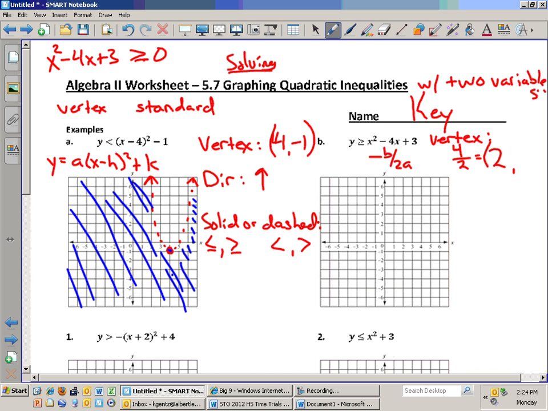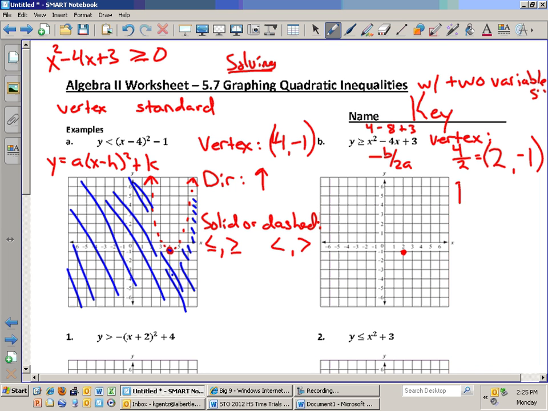I plug it back in. 2 squared is 4. 4 times 2 is 8. So 4 minus 8 plus 3: 4 minus 8 is negative 4 plus 3 is negative 1. So my vertex is 2, negative 1. I plot 2, negative 1.